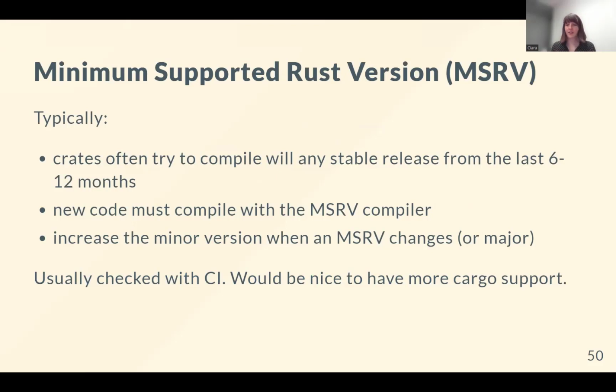And any new code that gets added in has to compile with the minimum supported Rust version. And if it breaks for some reason and you do need to bump up the minimum supported Rust version, then that could either be considered a minor change or a major change, depending on how you're viewing your semantic versioning.